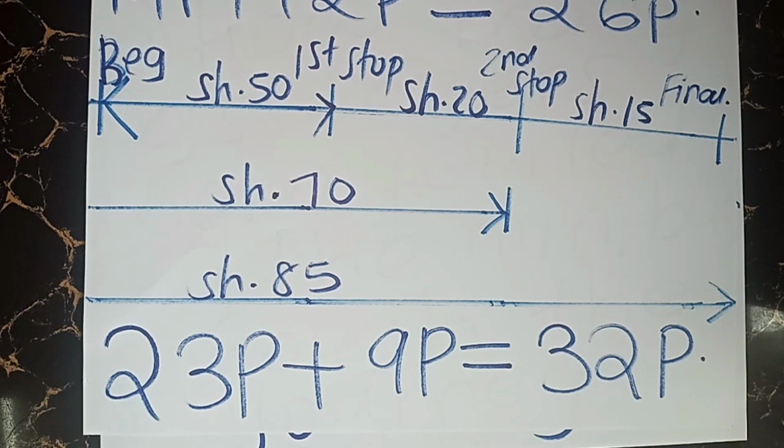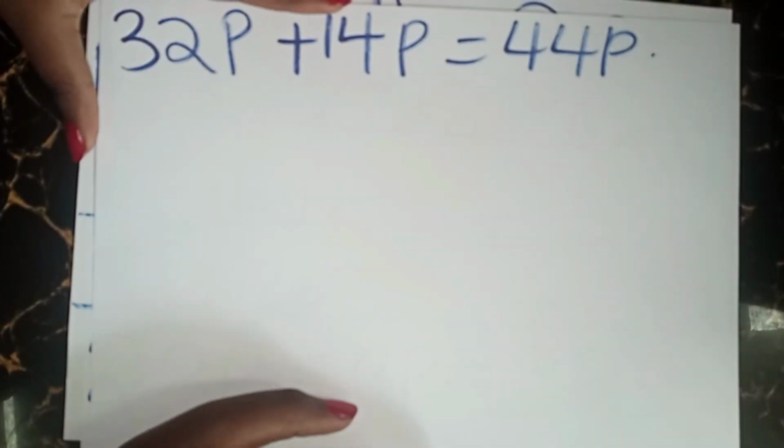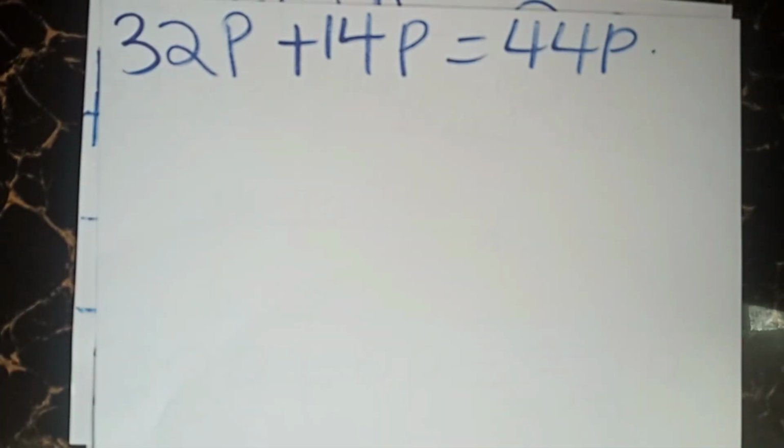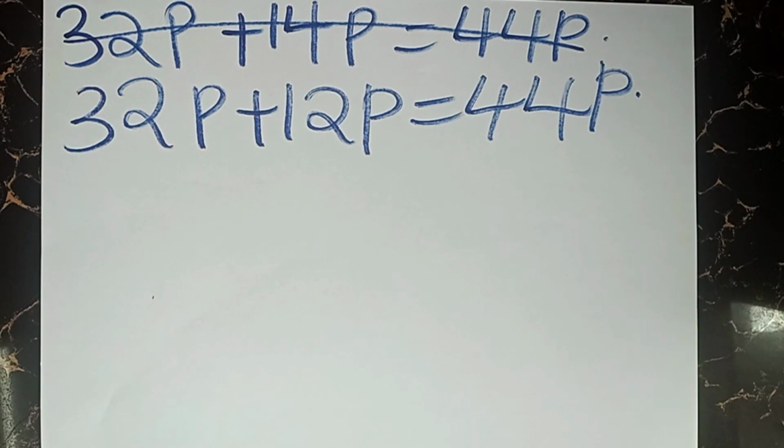So that means that we'll add the 12 passengers that got in to the 32 passengers. So we'll have 32 plus 12, not plus 14, my apologies. Okay, so 32 plus 12 is 44 passengers.